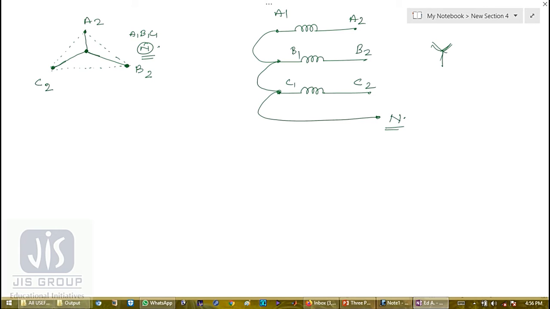So minus 30°. A very simple way is to draw in this fashion for this connection or 11 connections. So this is A2, so this must be A1. So let me draw parallel to this.